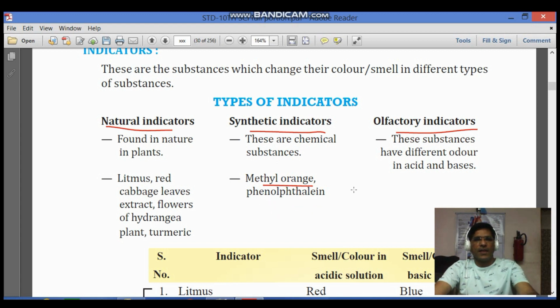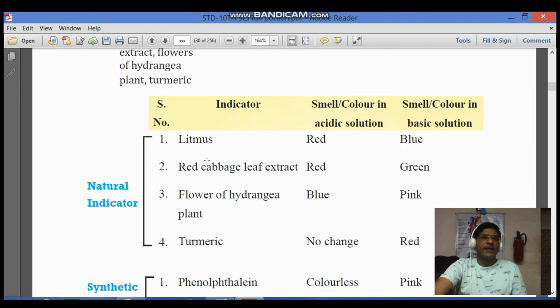So now we want to go deeper. Natural indicators, which are litmus. In litmus paper, the color in acidic solution is red. When acid is there and you put litmus paper in it, it will turn red. When a base is there, it should be blue.